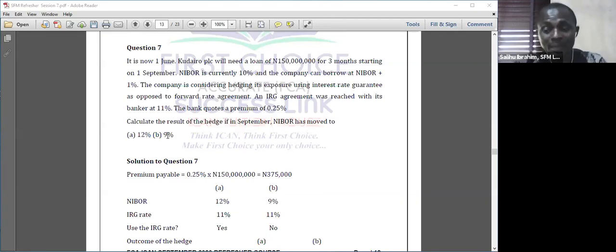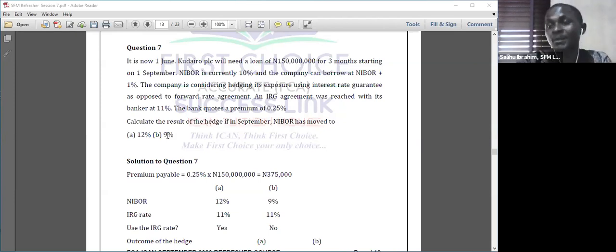I was telling you, let me complete that. I said forward rate agreement is like gambling. It means the bank is gambling, you are gambling. If interest rate has increased, the bank will compensate you. If interest rate has reduced, you compensate the bank. So you are not paying any premium.